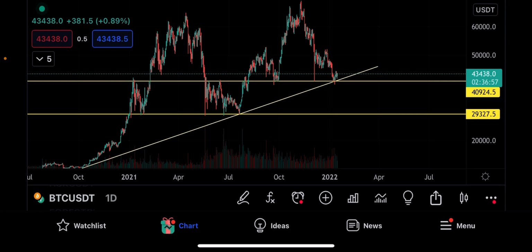If we break this trend line from the bottom, I would think that we're going to a bear market. So these are the levels that you need to be aware of: 44k, 48k, 50k, 52k, and 40.9k. All of these need to be marked on your Bitcoin chart, and set an alarm at all these levels.